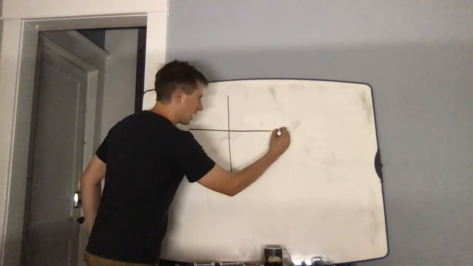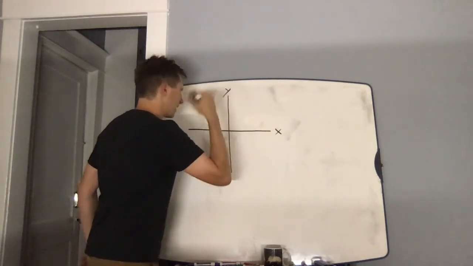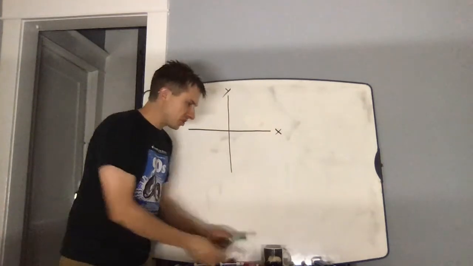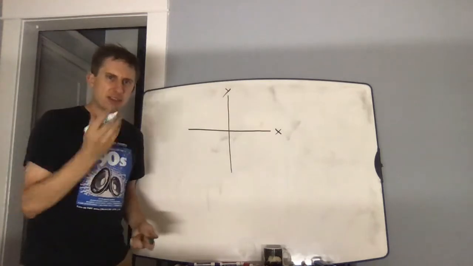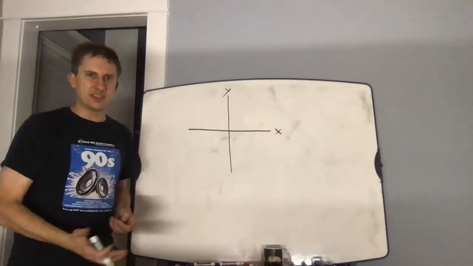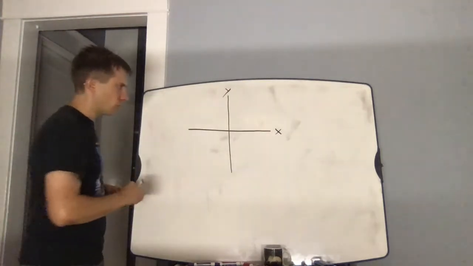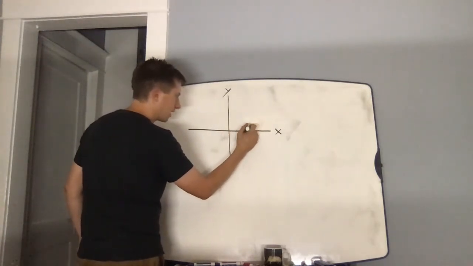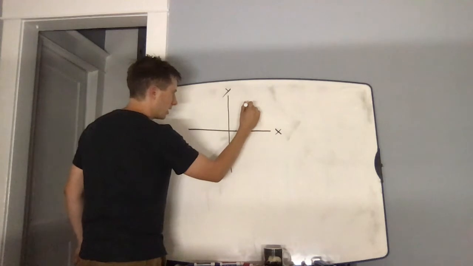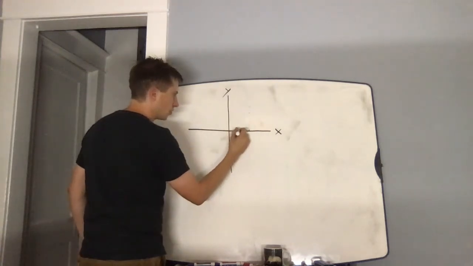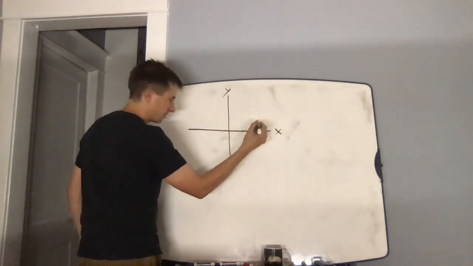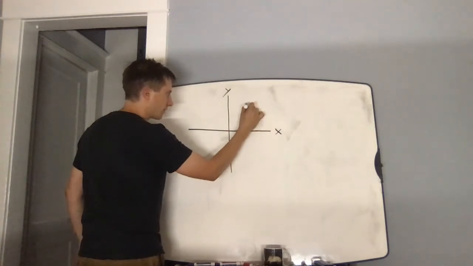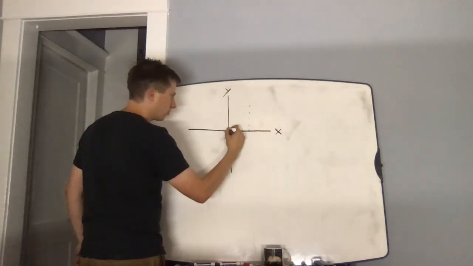So here are my x and my y axes as usual. I'm going to draw vector b first because vector b already is explicitly given in component form. Vector b has a horizontal component 3 and a vertical component 4. So I could say 1, 2, 3 to the right, positive 3, 1, 2, 3, 4 upward, positive 4.